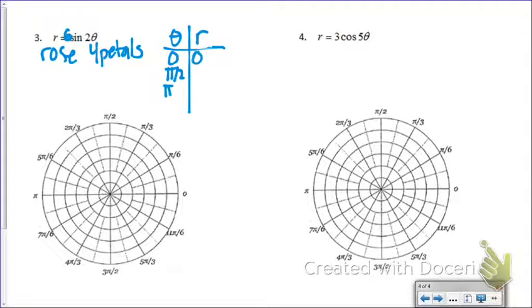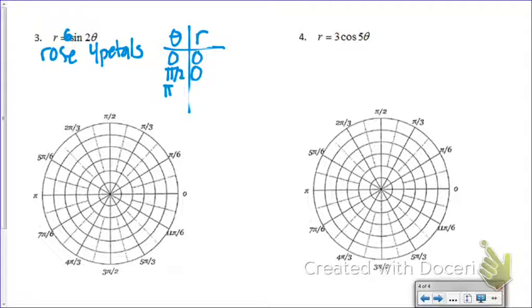If I plug in pi over 2, I'm doing 6 times the sine of 2 times pi over 2, which is pi. The sine of pi is 0, and 6 times 0 is 0. If I plug in pi, I'm doing 6 times the sine of 2 times pi. The sine of 2 pi is the same as the sine of 0, which is 0.